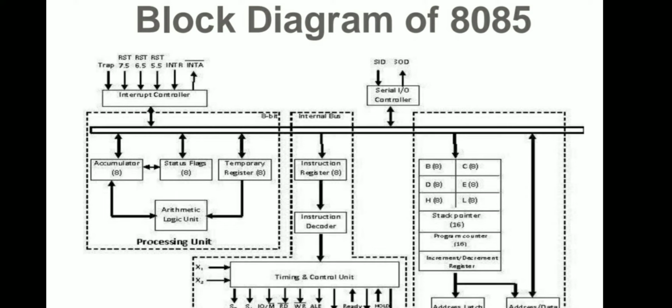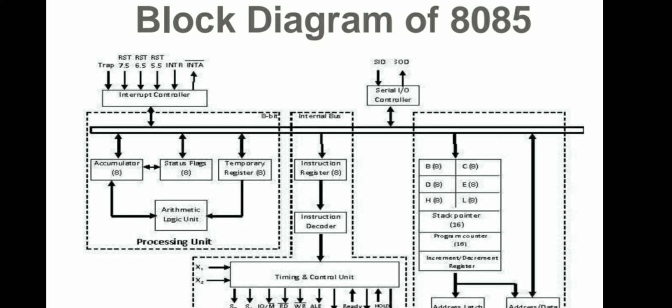There are two types of interrupts, software interrupts and hardware interrupts. Software interrupts are RST0 to RST7, and hardware interrupts are TRAP, RST7.5, RST6.5 and RST5.5. The priority of TRAP is highest and the priority of RST5.5 is lowest.